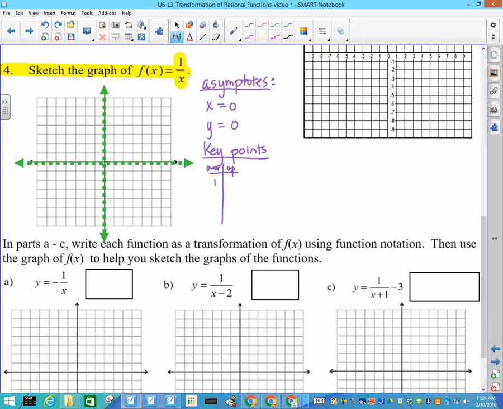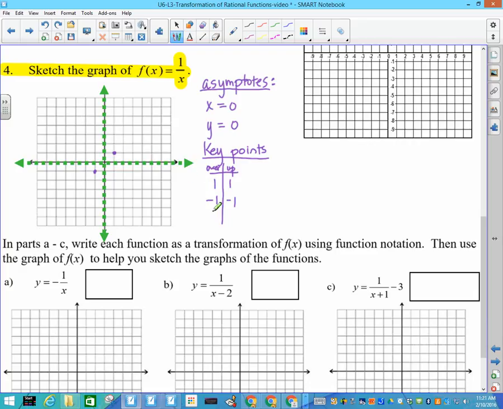So the main ones we have are (1, 1) and (-1, -1), because if you plug those in, 1 over 1 is 1, and 1 over -1 is -1. So you have these key points to begin with, but it's always important and assists in your understanding if you know how to extend that.